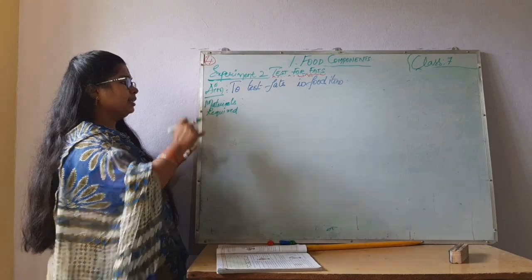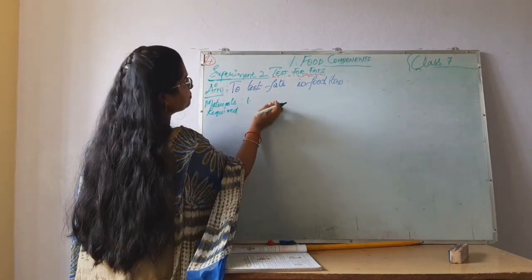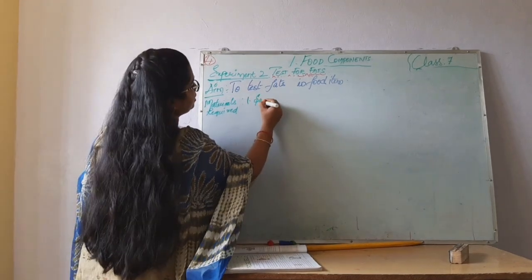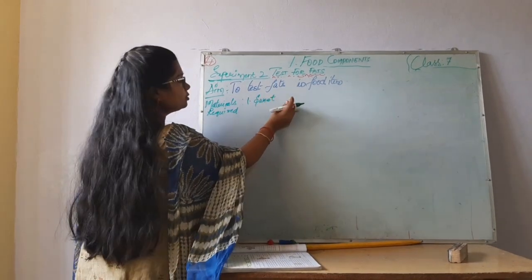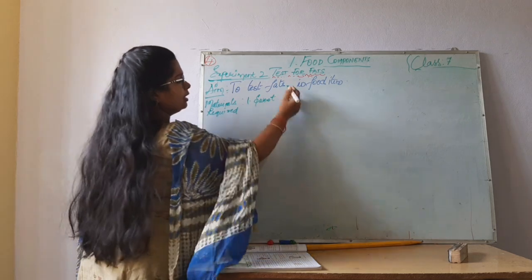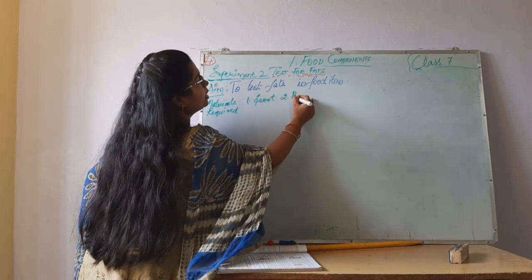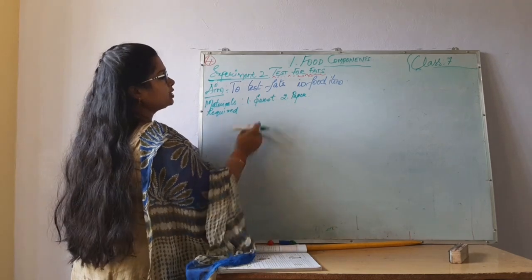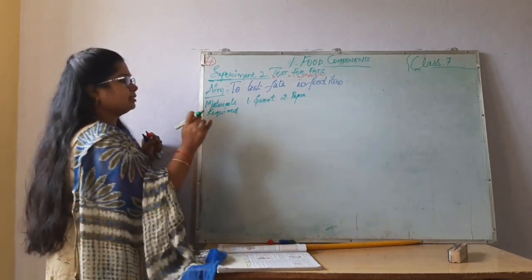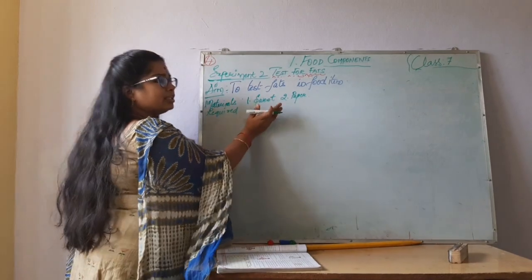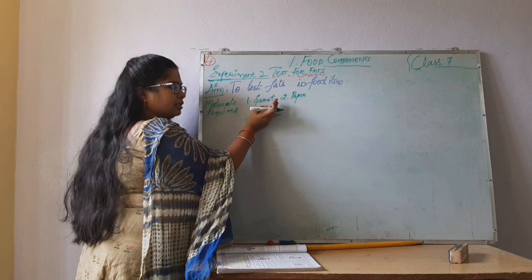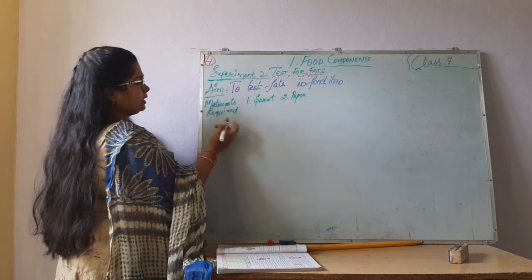Let's take potato chips, or any sweet, to test whether it contains fat or not. And the second thing is a paper. That's it: a sweet and a paper. A sweet or chips or your cheesy things, whatever you can take.